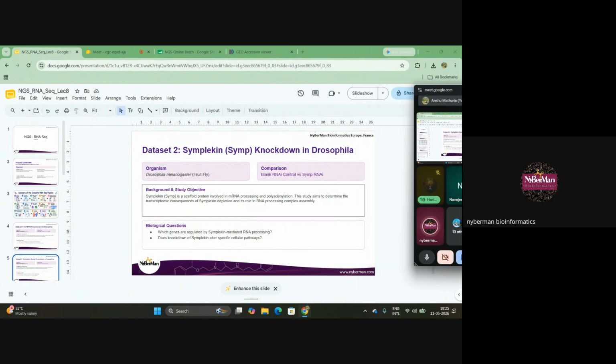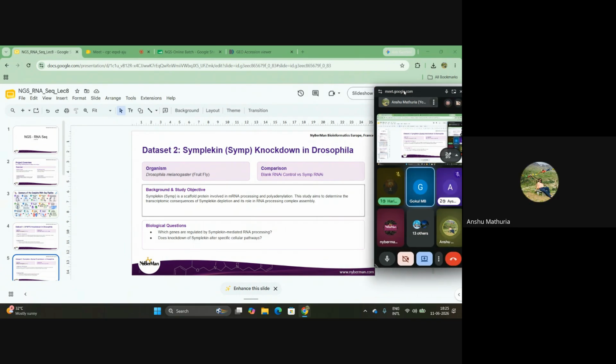Gokul is here. Gokul, you didn't raise your hand when I asked. Did you understand the data set that you have to work on? Do you have any questions, Gokul? Ma'am, I will come later, ma'am. Okay. Did you hear what I told about the data set? Do you want me to repeat?